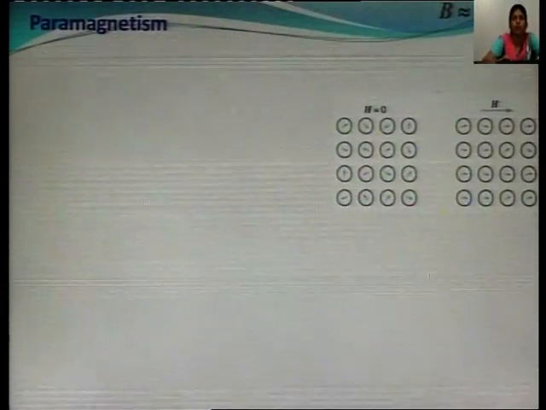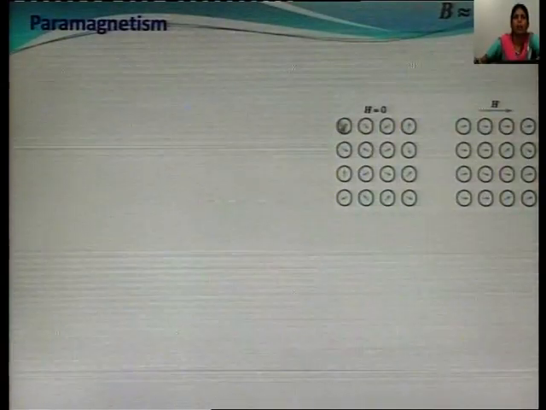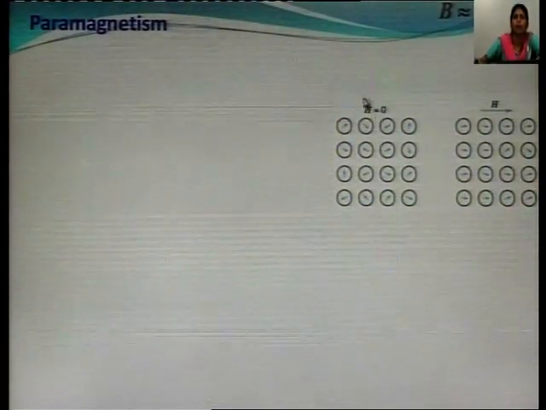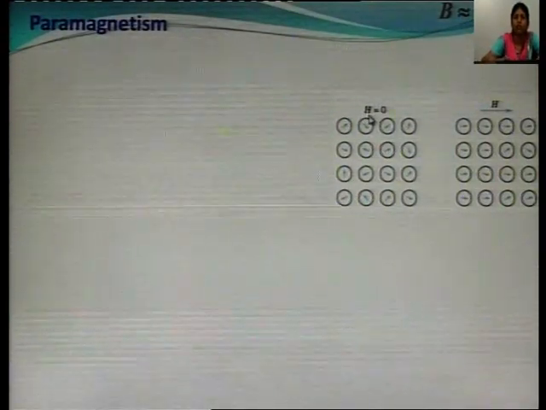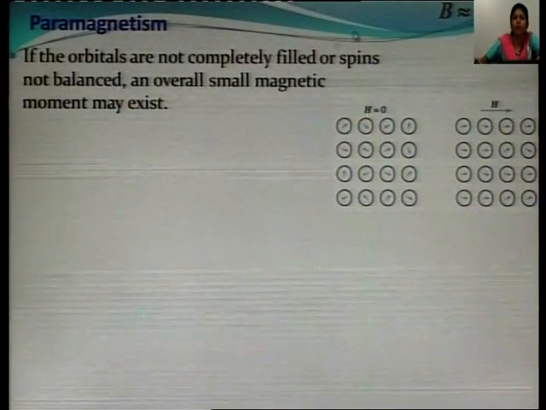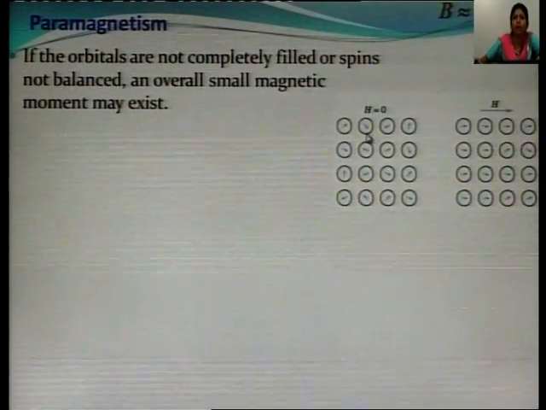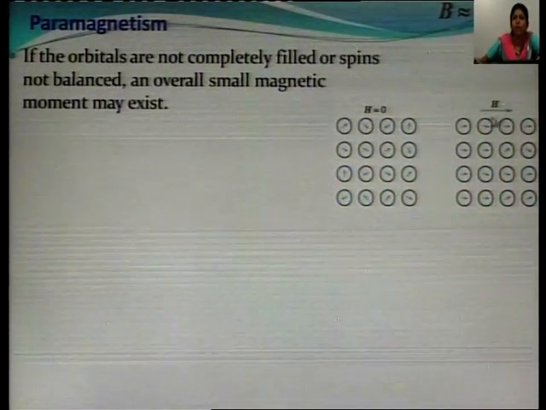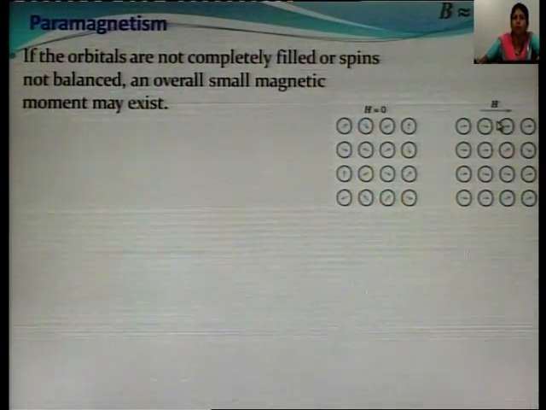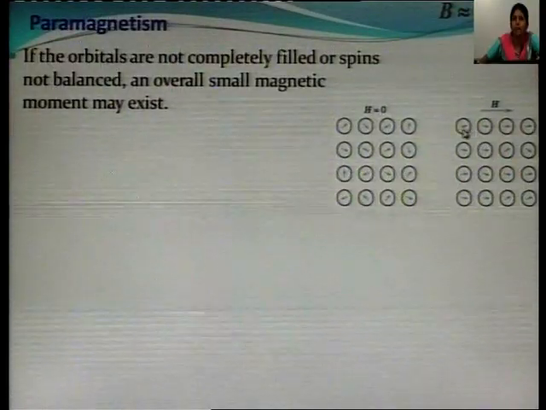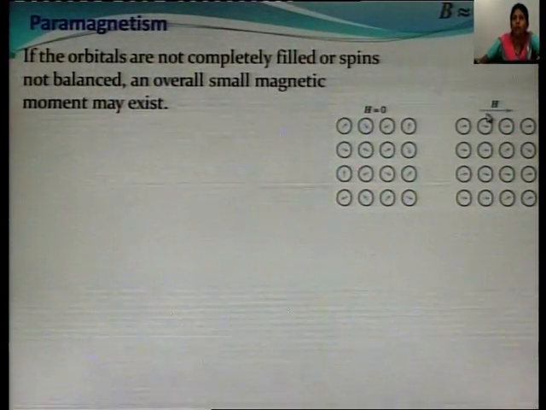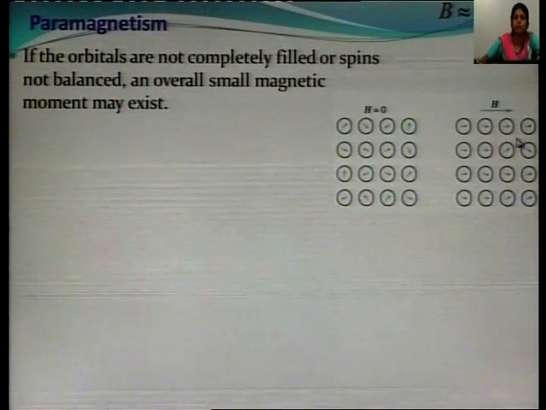So, see, this is a paramagnetic material, and firstly, we have not given any magnetic field to it, so the dipoles are randomly placed. Now when we have applied a strong magnetic field to this material, these dipoles arrange themselves in the direction of applied magnetic field.